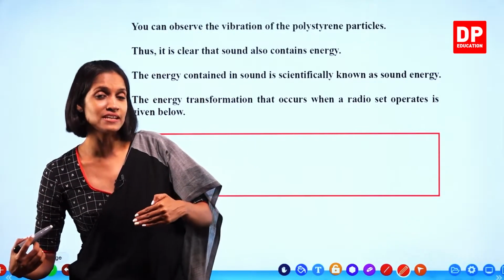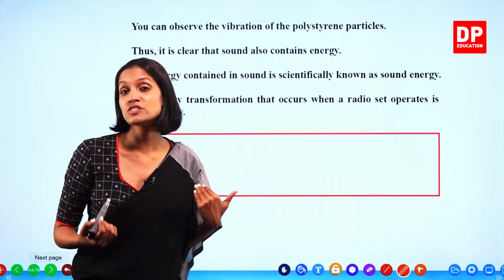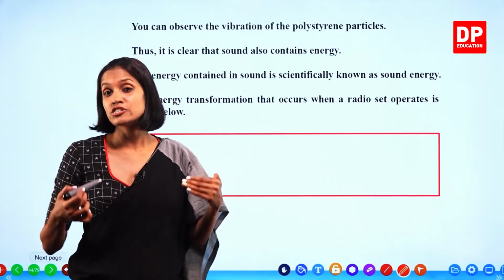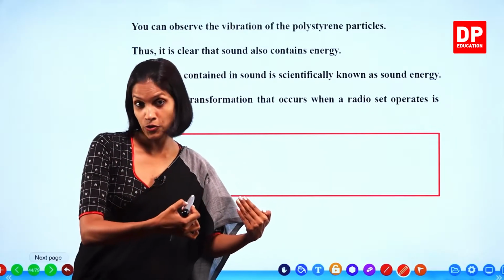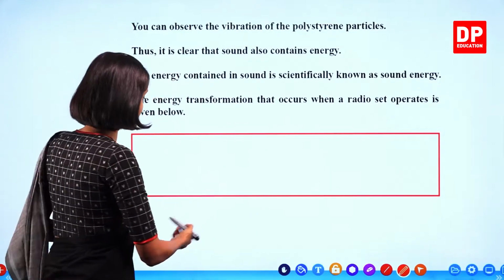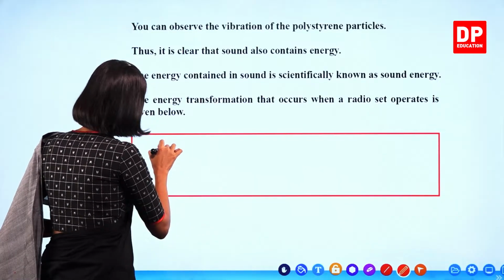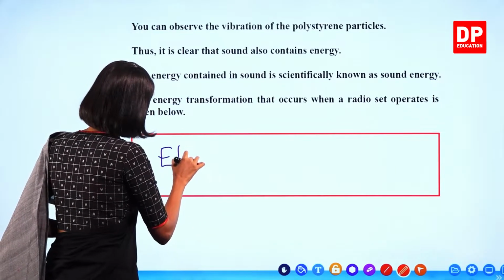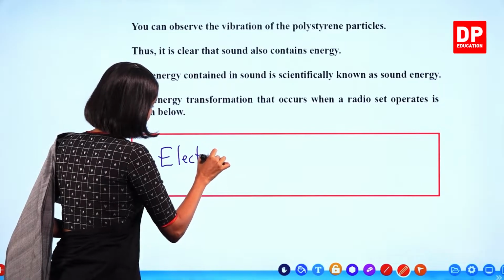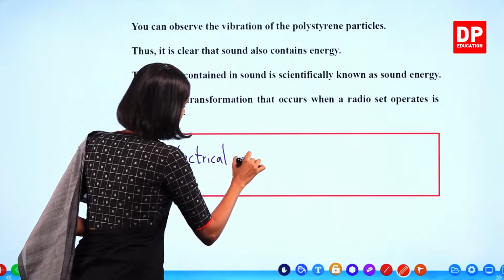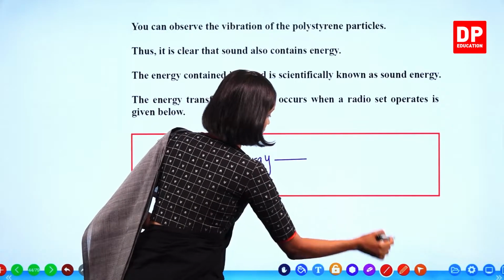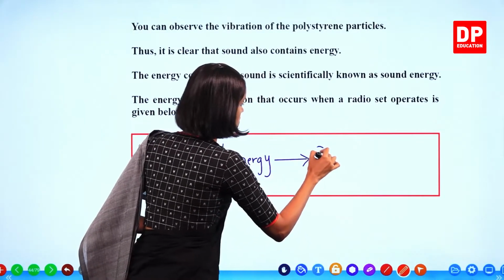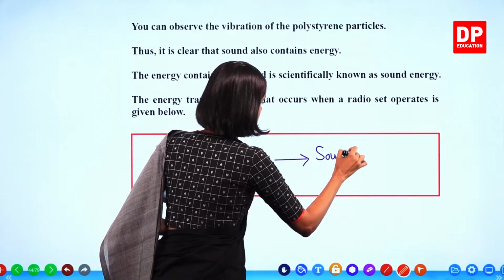Because of the electrical energy, sound energy is produced, which means electrical energy is transformed to sound energy, right? Let's write that. Electrical energy into sound energy.